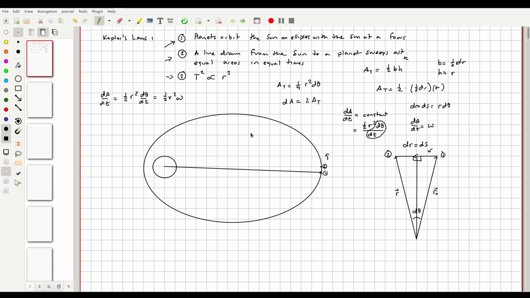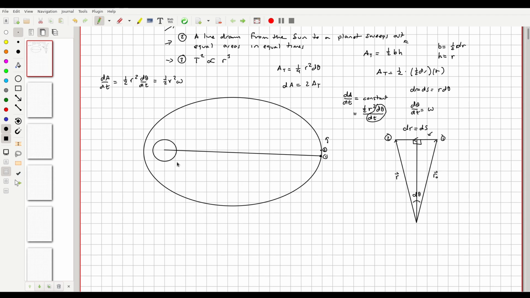Now check this out. I want you to think about now this planet at, I don't know, location 2, which as drawn is basically straight out. So the angle between its momentum at this point and r is 90 degrees.